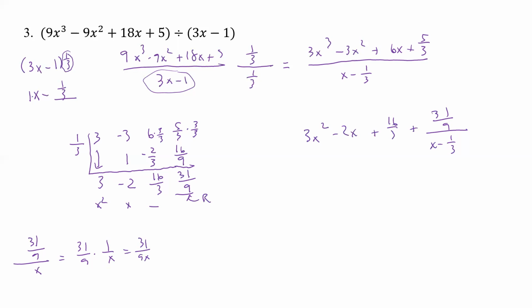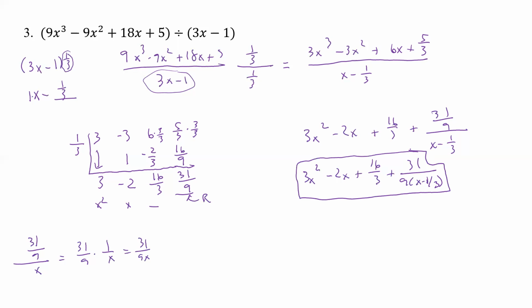And so I'm going to bring that 9 down in front. So that gives me 3x squared minus 2x plus 16/3 plus 31/9 times x minus 1/3. Okay. And that would be a good answer. And I would say that would probably be where I would stop.